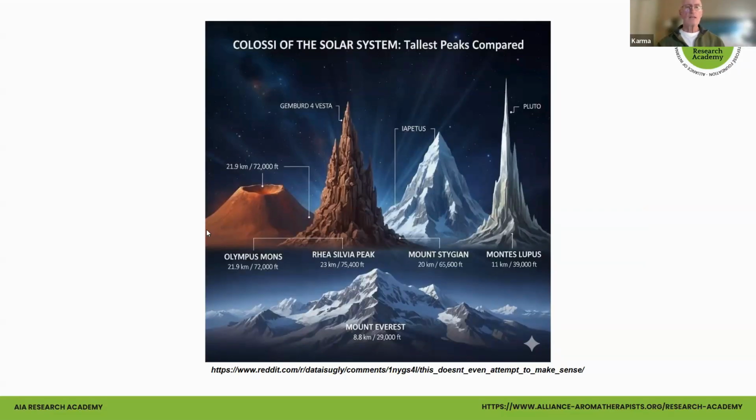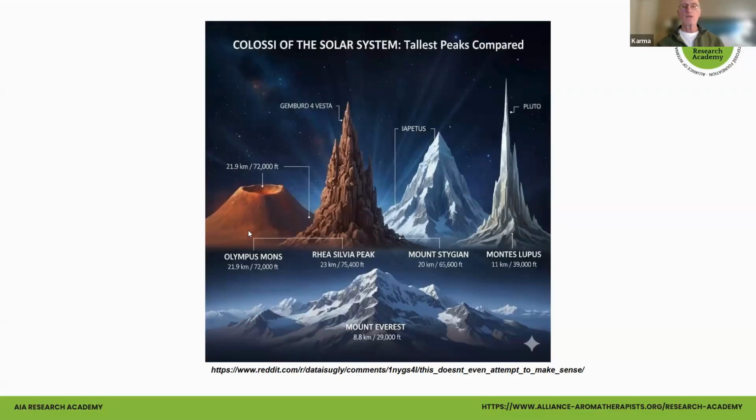Okay, the other thing is, why are Olympus Mons and Rio Silva Peak linked here? What do they have in common? I have no idea. And none of the other ones are. Then the Montes Lupus, that's the wrong name for this peak. And then the other thing is, apparently 72,000 feet is only a fraction of 75,400 feet.